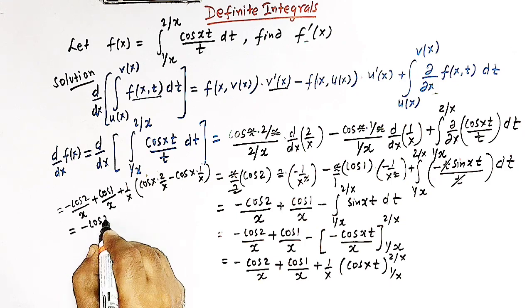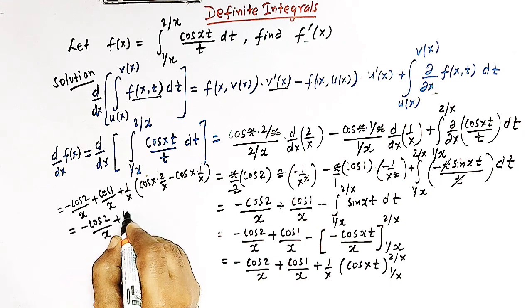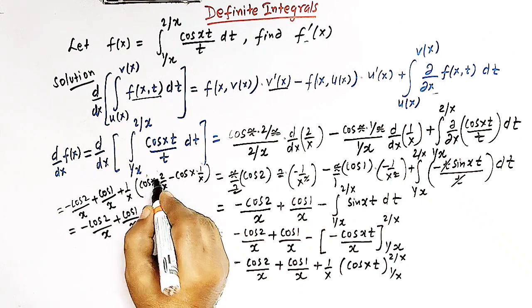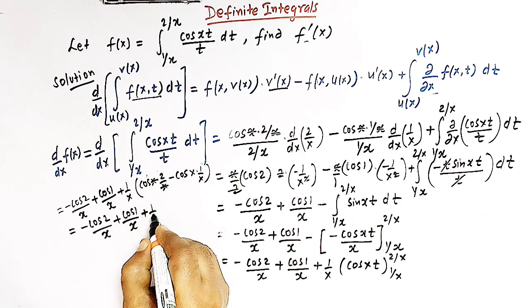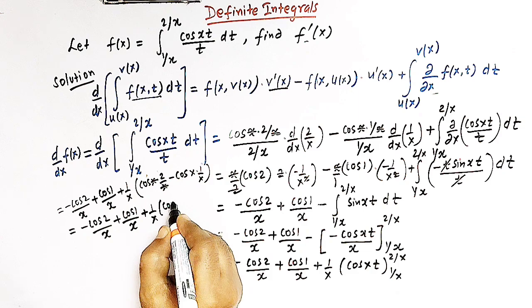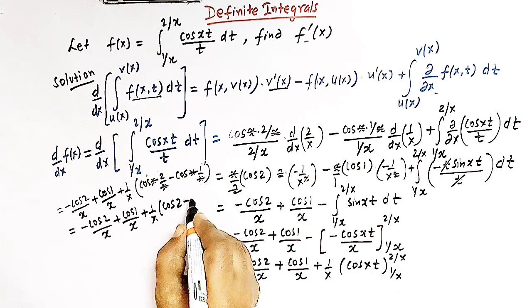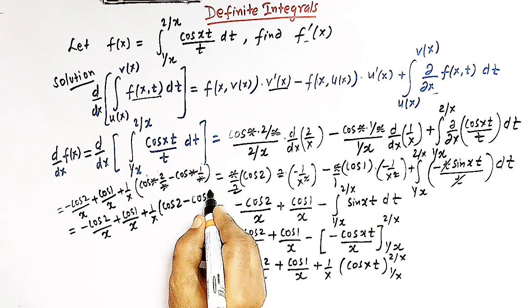We have minus cos 2 over x plus cos of 1 over x plus here x and x get cancelled, so we have simply cos of 2 minus here x and x get cancelled, so we have cos of 1.